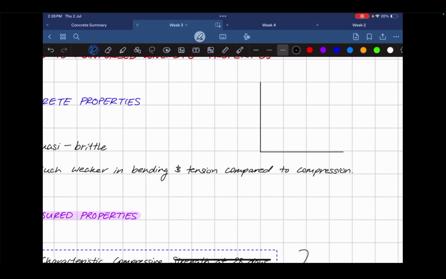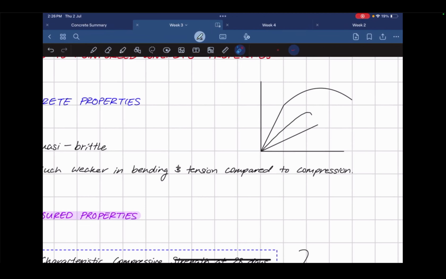Stronger in tension? Nope. It might be reduced. Wow, well, you did it. That's great. Why are you doing this?